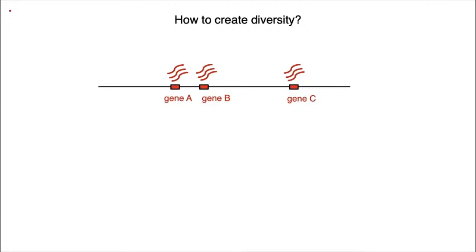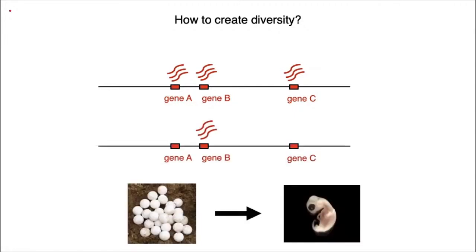Because otherwise you would just have cells that are similar to each other, right? So you need a situation like this where you have some genes being switched on, some genes being switched off. So you can go from a situation where you have very homogeneous, simple few cells into a very complex structure, like an embryo.